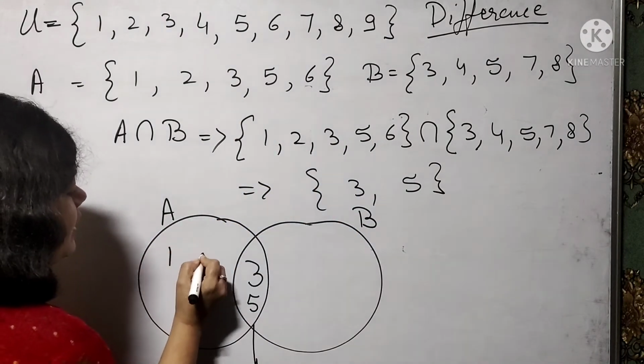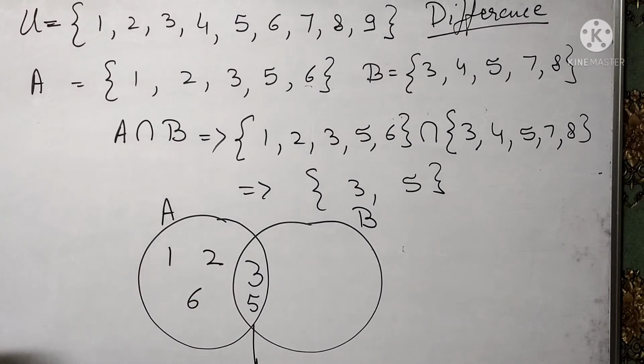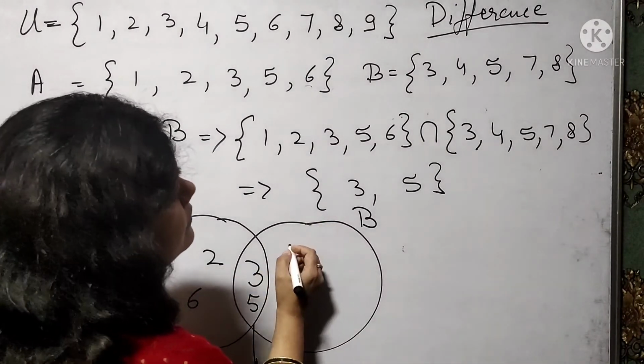So we write here 1, 2 and 6. In this portion, what do we write?